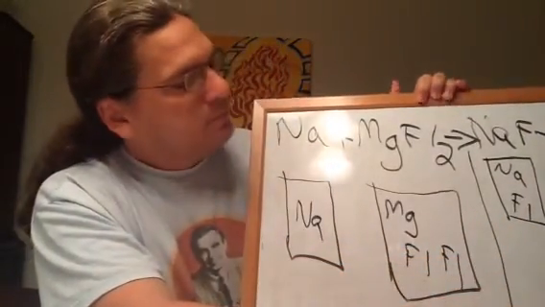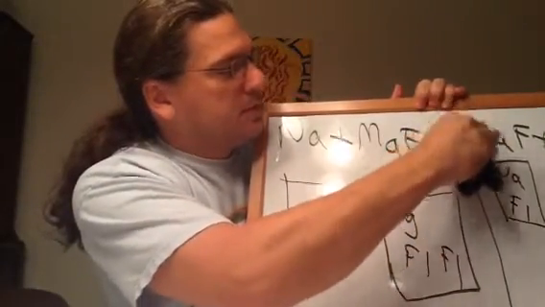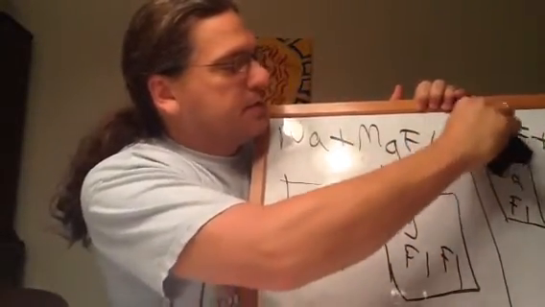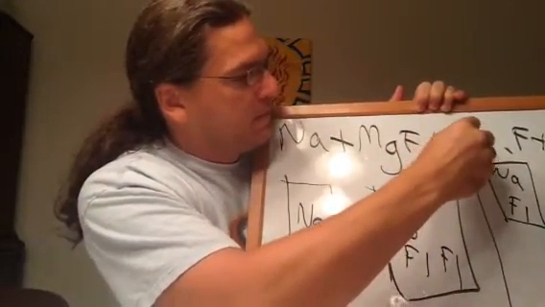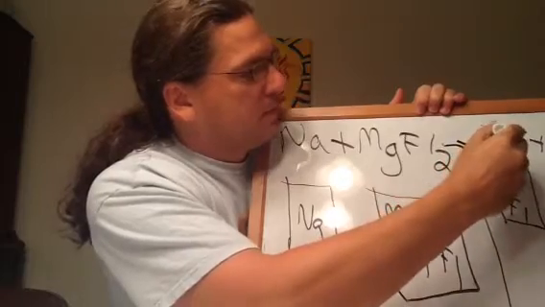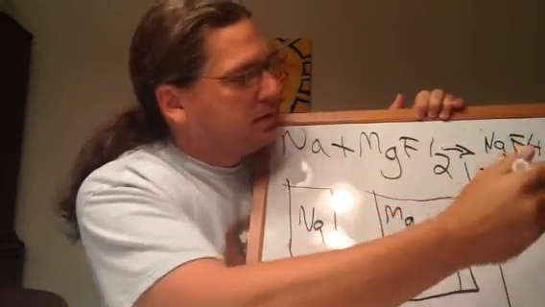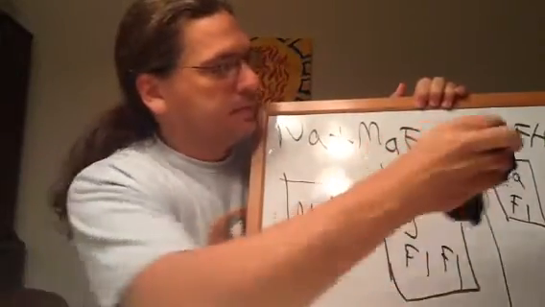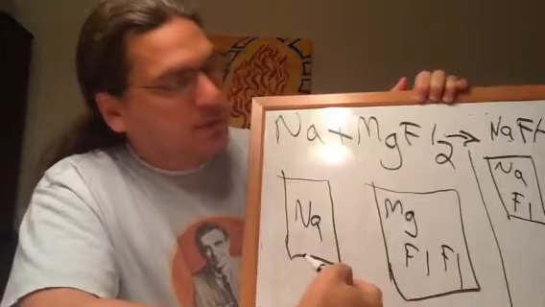Okay. Now the best way to do this is just to look through. I'm going to give some space right here in case we need to write a coefficient here. Sodium fluoride plus magnesium.